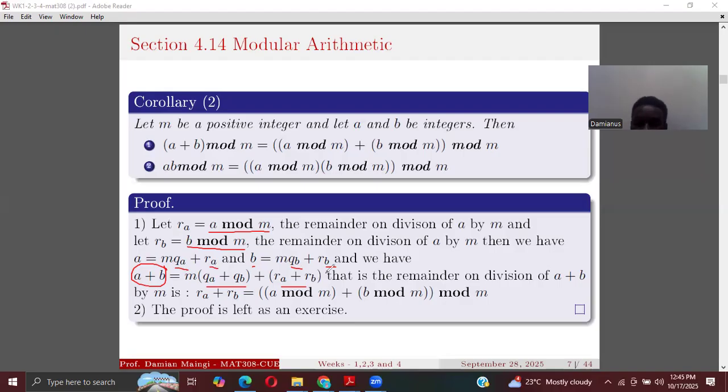Now, you can also interpret this as saying that the remainder on division of A plus B by M is the sum of these two, and we already have the notation A mod M plus B mod M. So the remainder on division of this number by M is this. So we can translate and say this is it. This is saying that. I hope it makes sense.